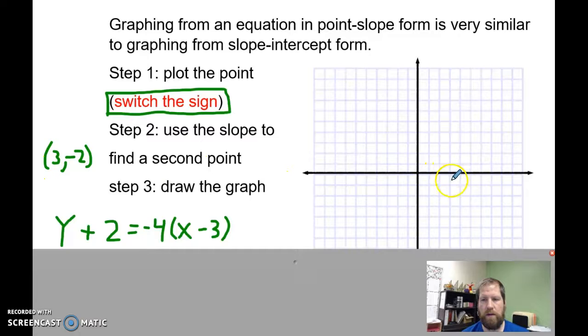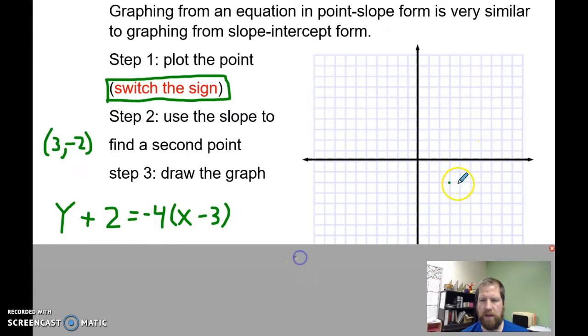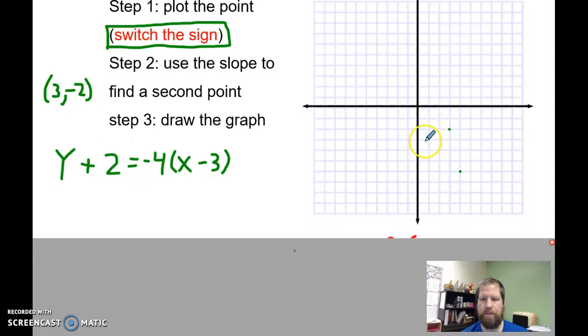1, 2, 3, down 2. Okay? And then you're going to use your slope to find a second point. My slope is -4, which means I'm going to be coming down 4 and over 1. Okay.